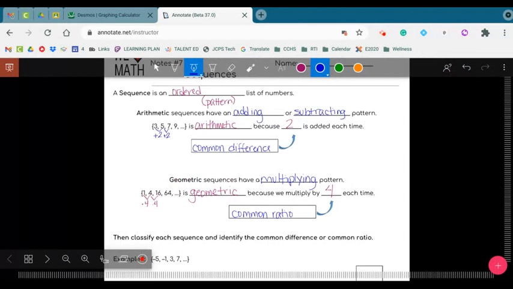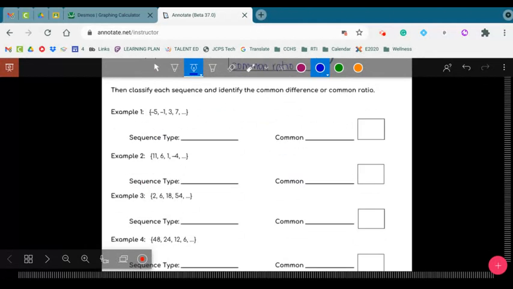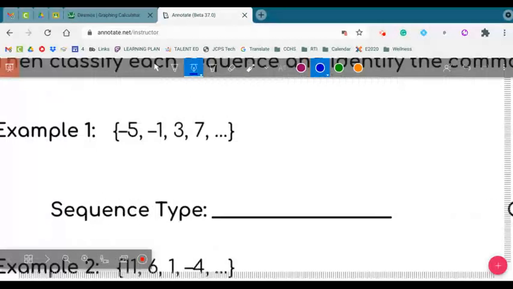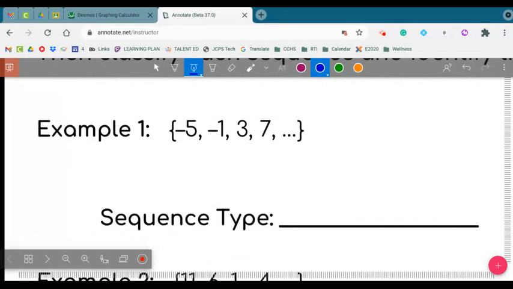Okay, so those are our definitions. Now we're going to do some examples: identify whether it's arithmetic or geometric, and identify whether we have a common difference or a common ratio each time. On example 1, we have negative 5, negative 1, 3, and 7. We can clearly see that we're going up by the same amount each time, by 4.